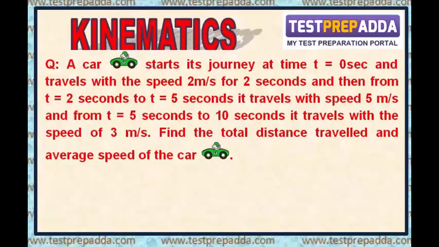And from t = 5 seconds to 10 seconds, it travels with the speed 3 meter per second. Find the total distance traveled and average speed of the car.